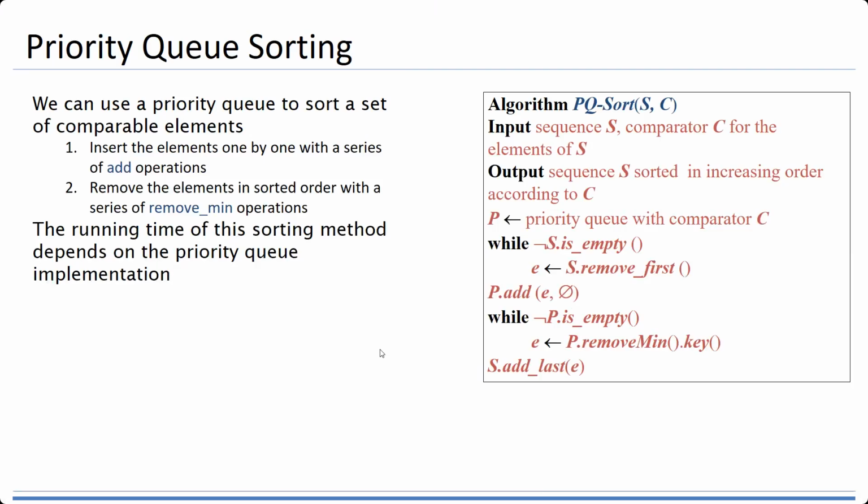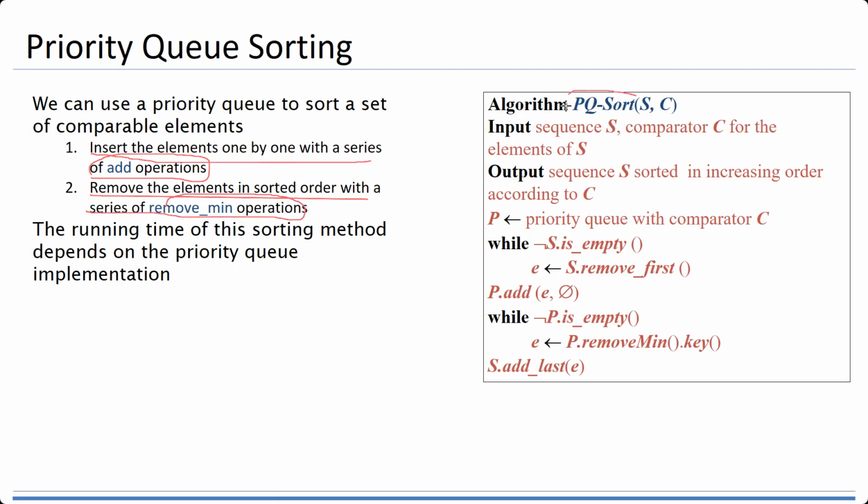So there are two options for this kind of implementation. So we go to sorting. The sorting element means we can use the priority queue to sort a set of comparable elements. So insert the elements one by one with a series of add operations, and then remove the elements in sorted order with a series of remove min operations.